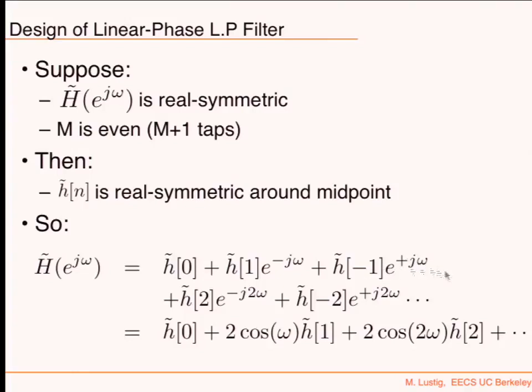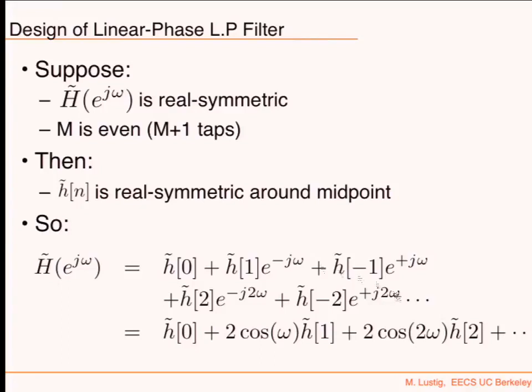Because the n was supposed to be here. And then H tilde of 2 e to the minus j 2 omega, and then H of minus 2, and this will be then plus, and so on and so forth.